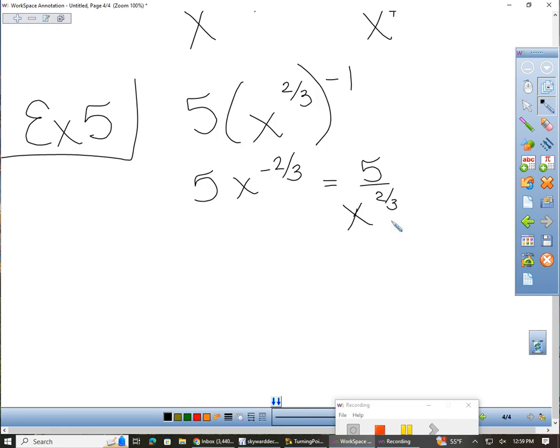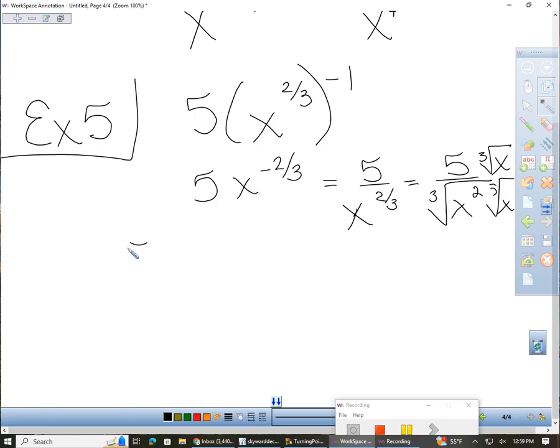So now how should I write that? You gotta do the box inside. So this is technically 5 over x squared inside a cube root. What do I have to multiply by? 1x. The cube root of x. Whatever we do to the bottom, gotta do to the top.